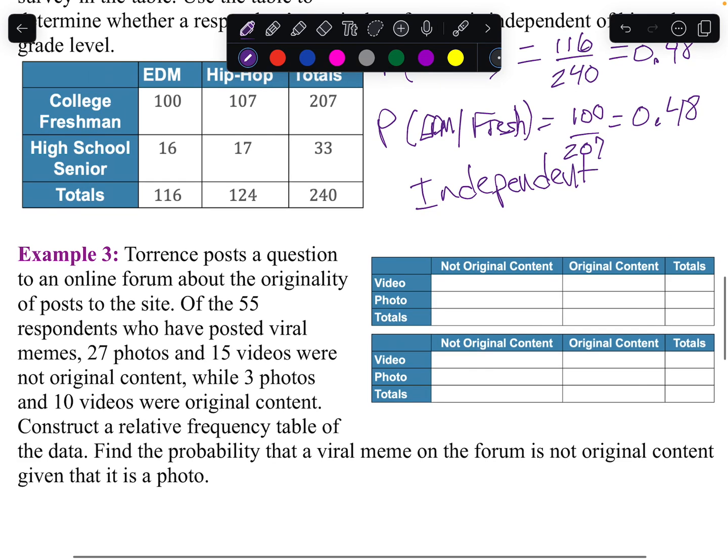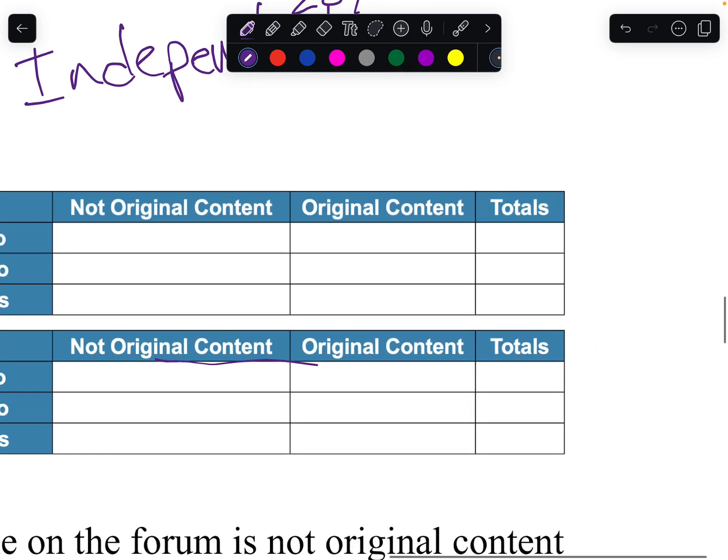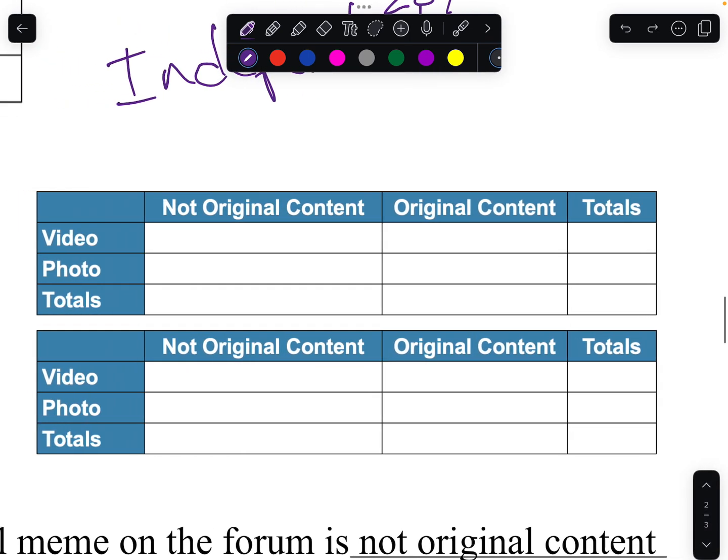Now, if we take a look at example 3, Torrance posts a question on an online forum about the originality of posts on a site. Of the 55 respondents who have posted viral memes, 27 photos and 15 photos were not of original content. So let's fill that in here. So we have a total of 55 people.